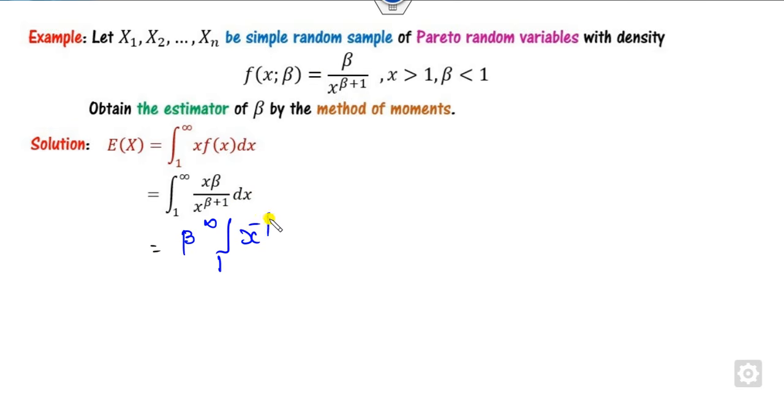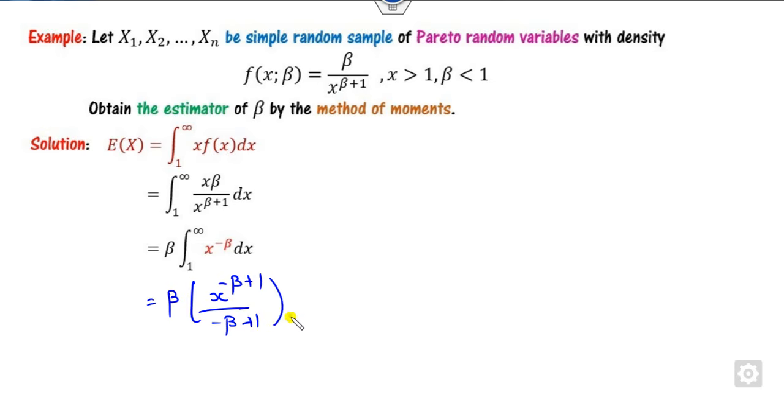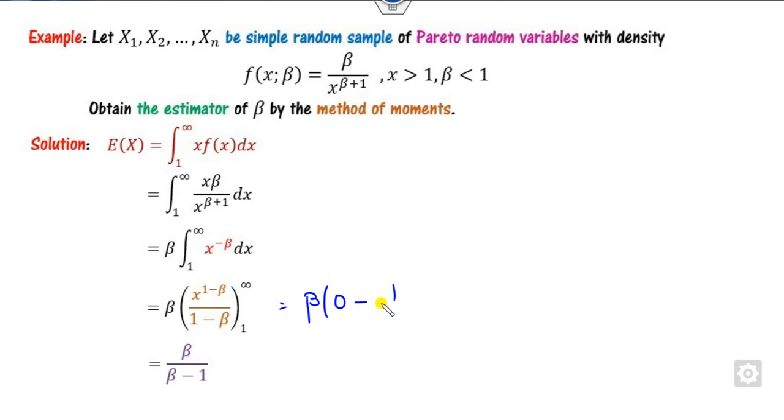This is nothing but my x raised to power minus beta. Now you all know how to integrate them. This is nothing but my minus beta plus 1, x raised to minus beta plus 1 over minus beta plus 1, from 1 to infinity. Once you substitute infinity, the answer will be 0. Once you substitute 1, it will be my here. Why? You can see once it is 0 minus 1 upon here. So I can adjust this minus with here, you can get.